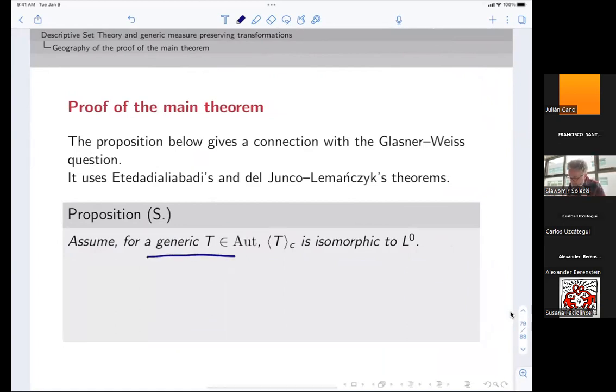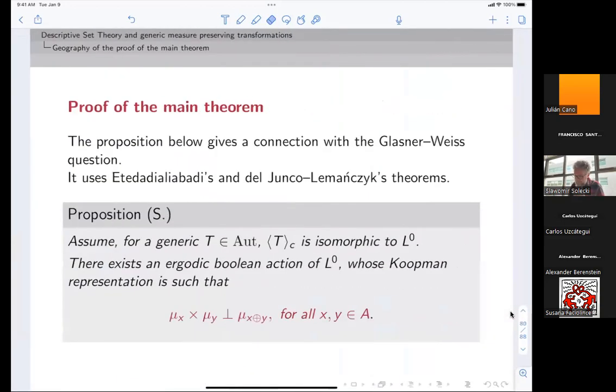Assuming that for a generic T, this is isomorphic to L0, then there will be a Boolean, measure preserving action of L0 such that for its Koopman representation, I get the orthogonality condition, for this particular ergodic Boolean action of L0.